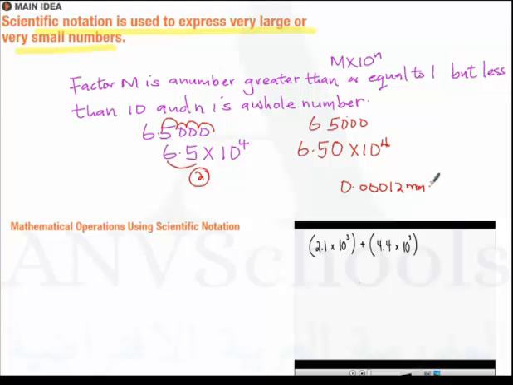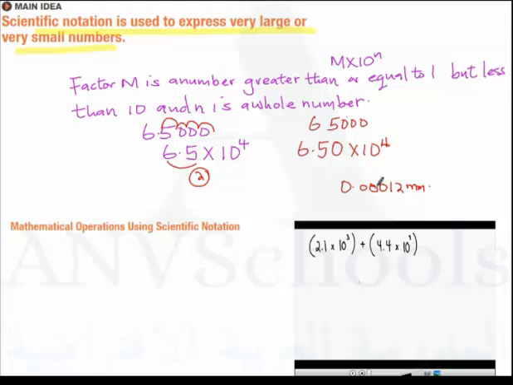That length can be expressed in scientific notation as follows. In scientific notation, as we know, the number should be equal to or greater than 1 and less than 10.